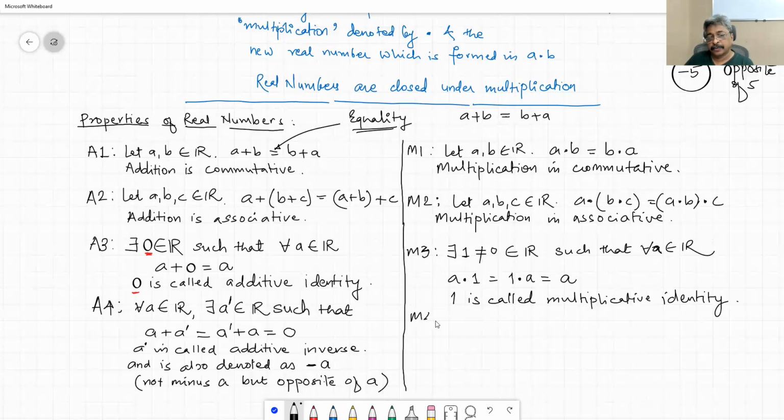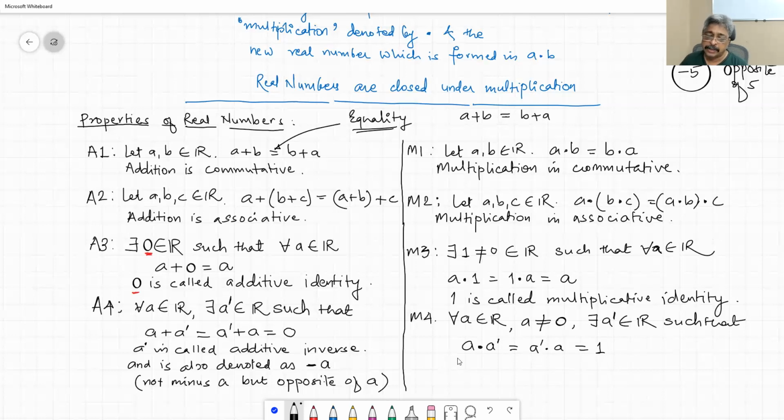M4. For every A belonging to R, A not equal to 0, there exists A dash belonging to R such that A into A dash is equal to A dash into A is equal to 1.